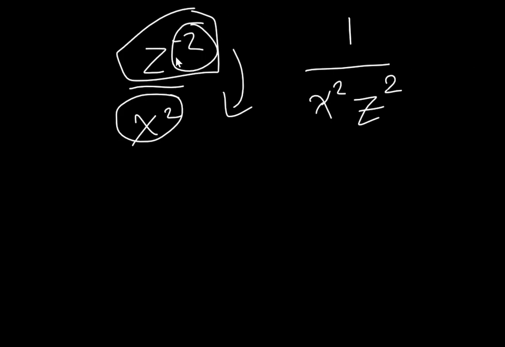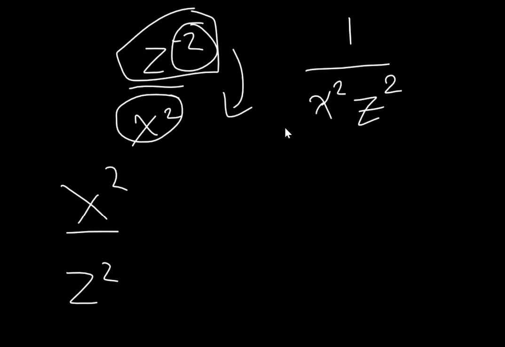You have to move the top to the bottom, not the bottom. Wait, hold up. Let me just check your answer. Okay, so I believe your answer was x to the second over z to the second. You only need to move that term to the bottom, not flip the entire fraction.